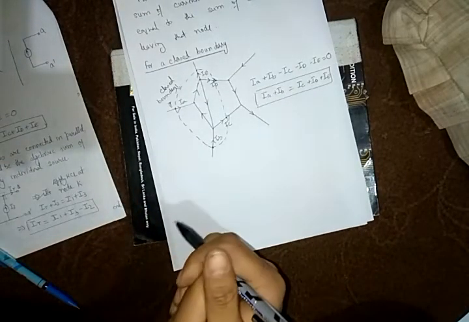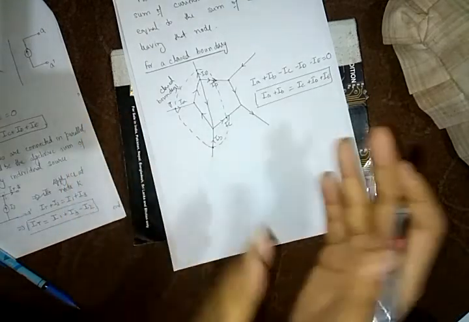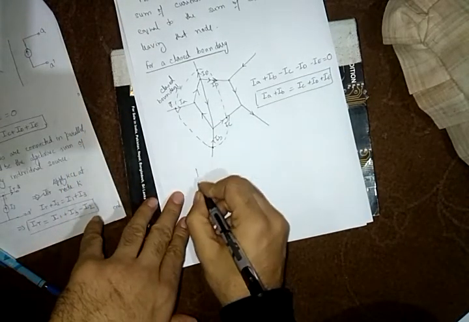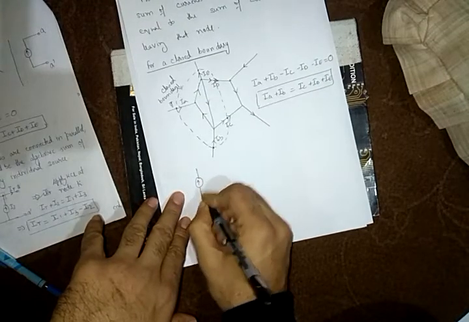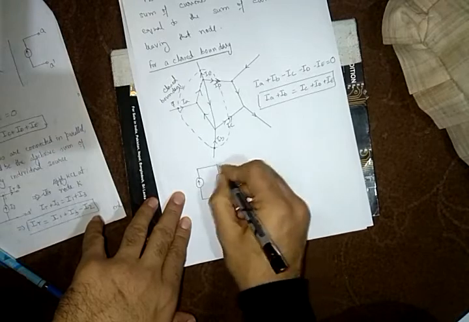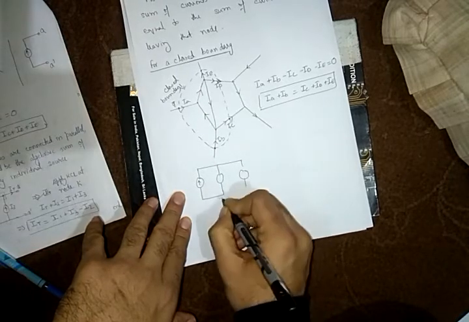Now, while speaking about the KCL, what if we have a number of current sources connected in parallel? Suppose I have current sources I1, I2, I3.